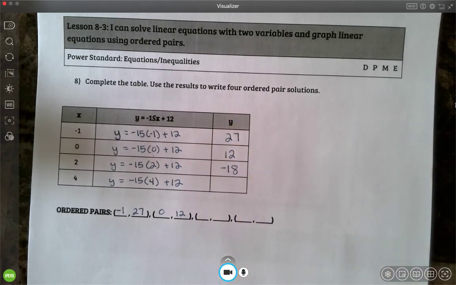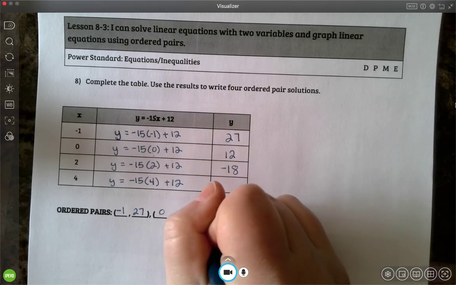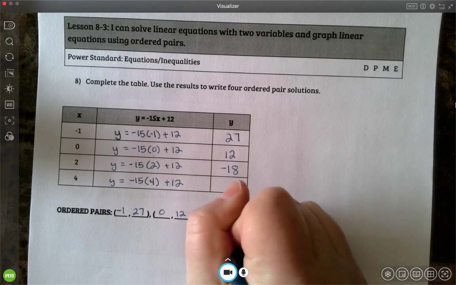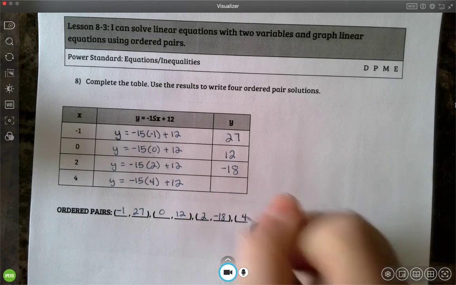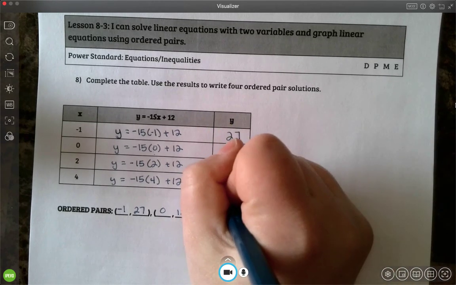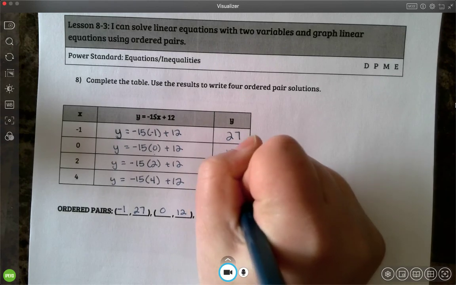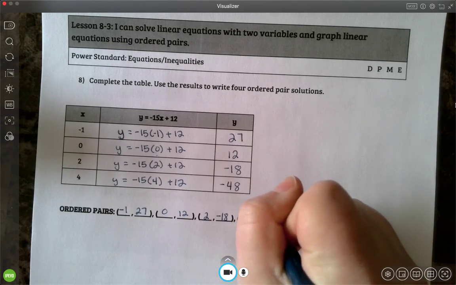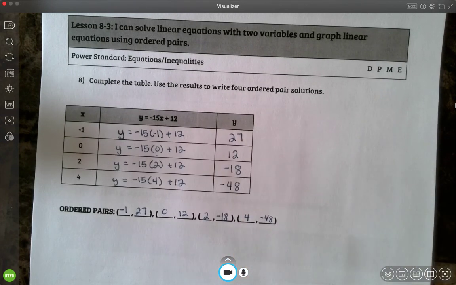So then I write 2, negative 18. Then negative 15 times 4 plus 12 is negative 48. So then my last ordered pair is 4, negative 48. And that's all you have to do for that problem, okay?